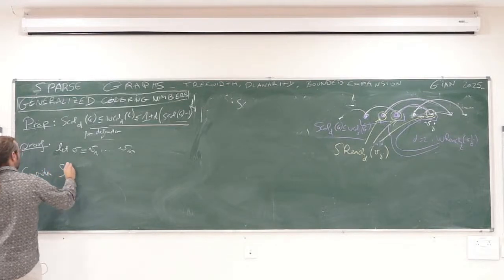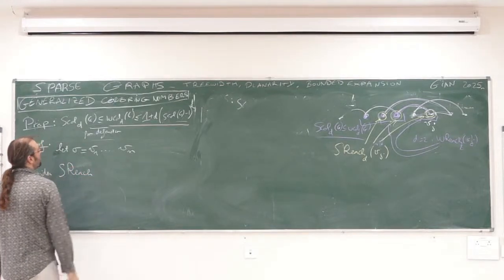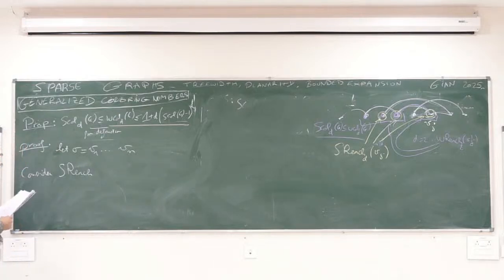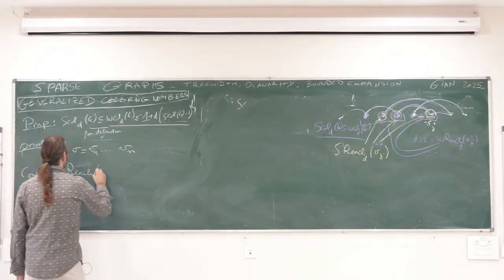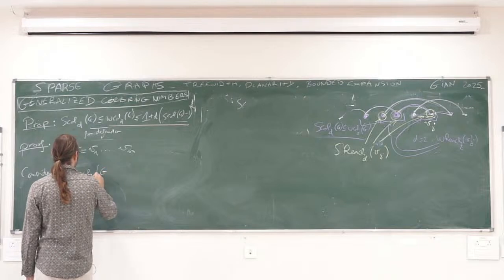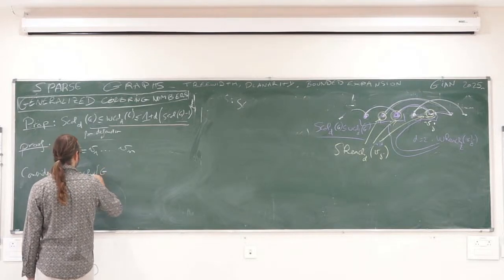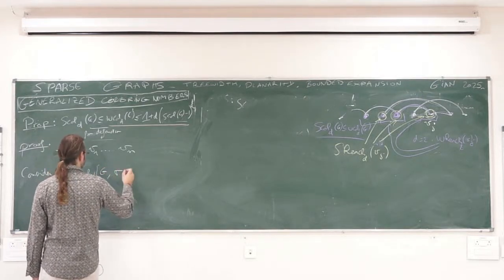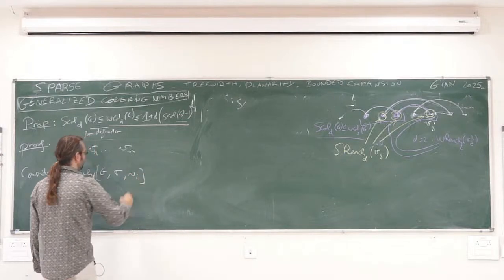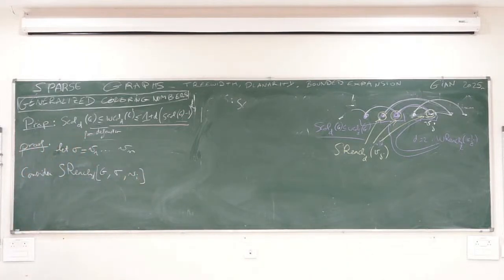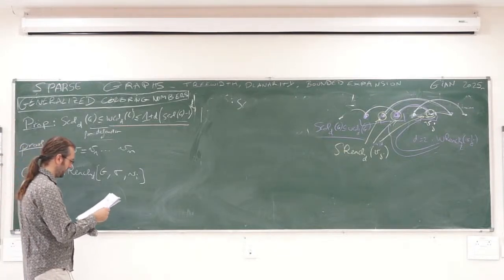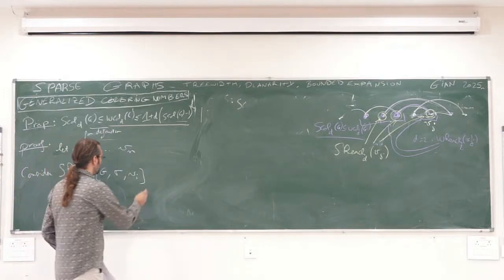So consider the strong reachability set for that particular sigma and for some vi. And I will call its size k.